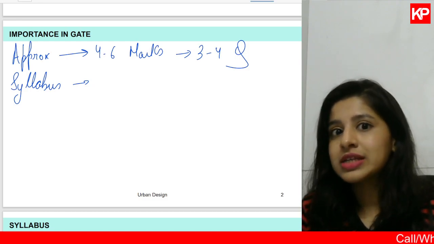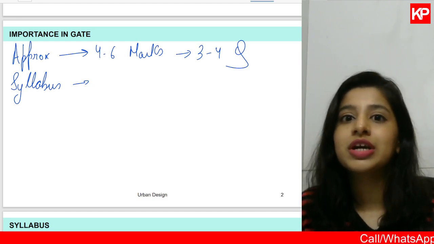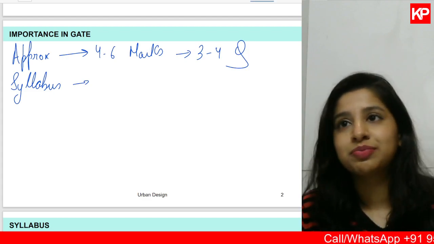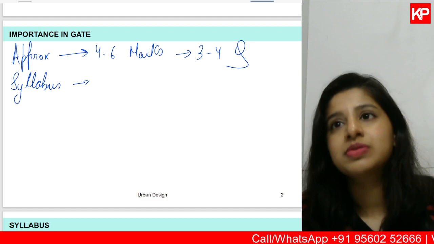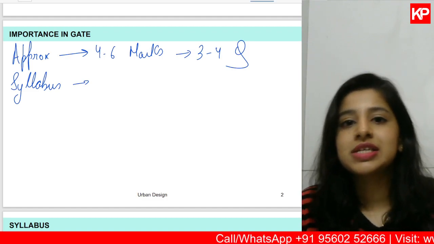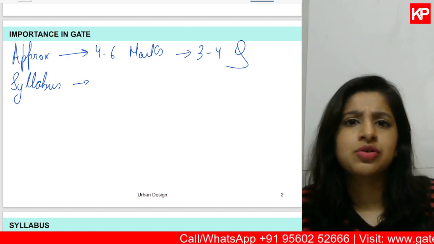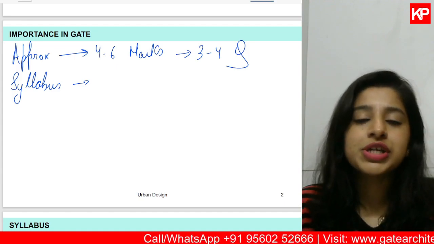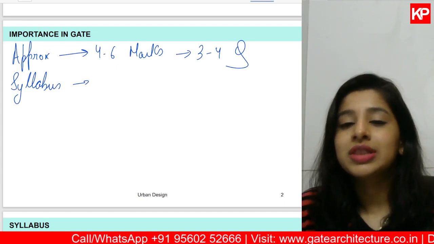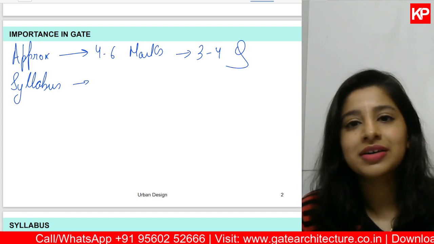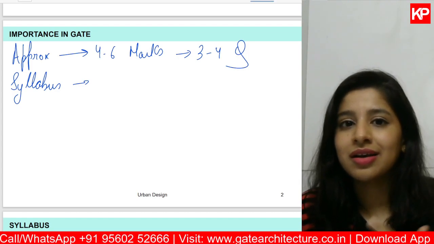If you don't recognize it, you will not be able to use it towards the positive aspect. Why? Because in the examination hall, sometimes even though you have prepared, let's say, planning, the questions might be such that you are able to score more in the architecture part. What matters at the end of the day is more marks and a better rank.